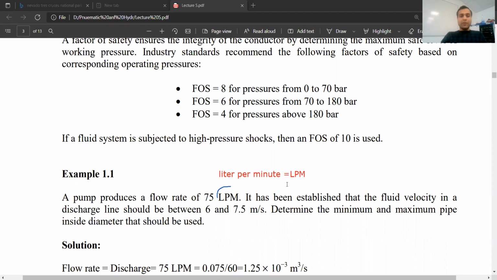First thing we do is convert the liters per minute into meters cube per second.